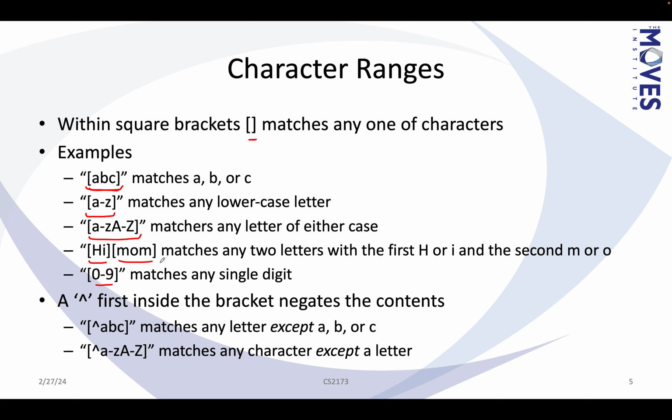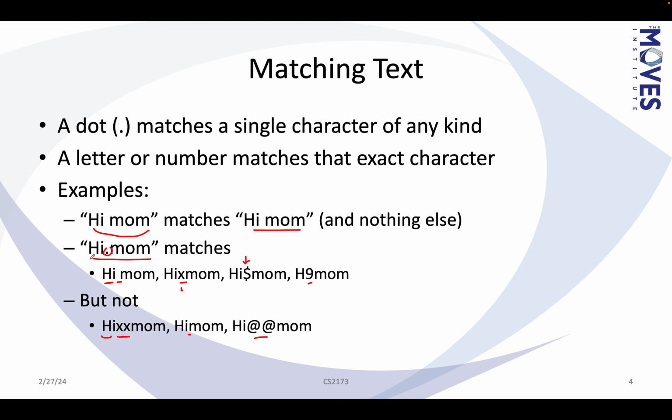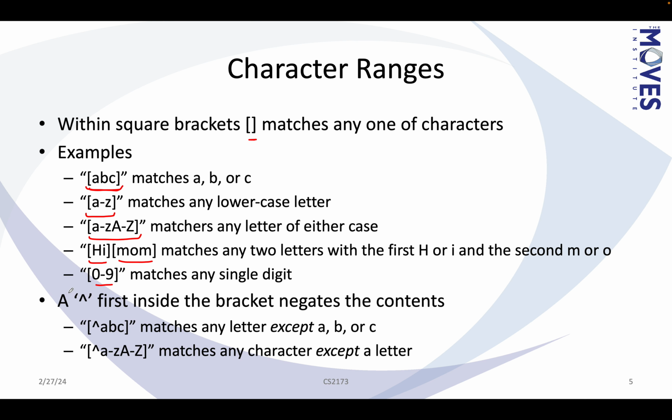So if I encounter this, it will match 0, 1, 2, 3, 4, etc., but it won't match a letter, or a dollar sign or a hash sign. Now, if we put an up arrow inside the brackets, this is sort of confusing because the up arrow means two different things depending on whether it's inside or outside the bracket.